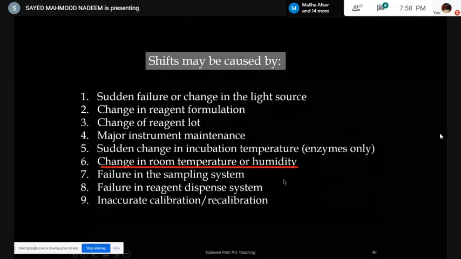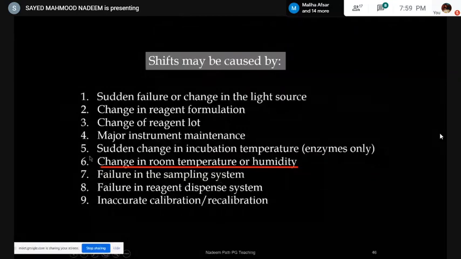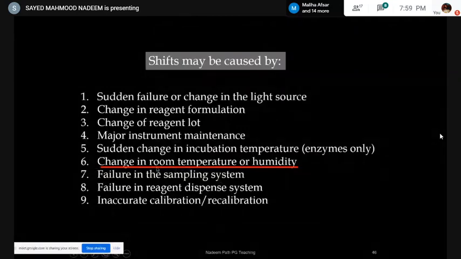This is very common in hematology, particularly labs which are handling PT, APTT, thrombin, all the coagulation profiles. If your coagulation control is not doing good, please check your room temperature. This might be a cause for the sudden shift in your LJ chart of your coagulation profile.